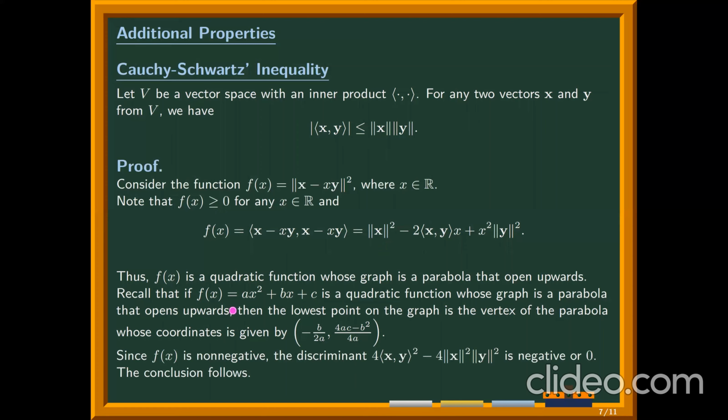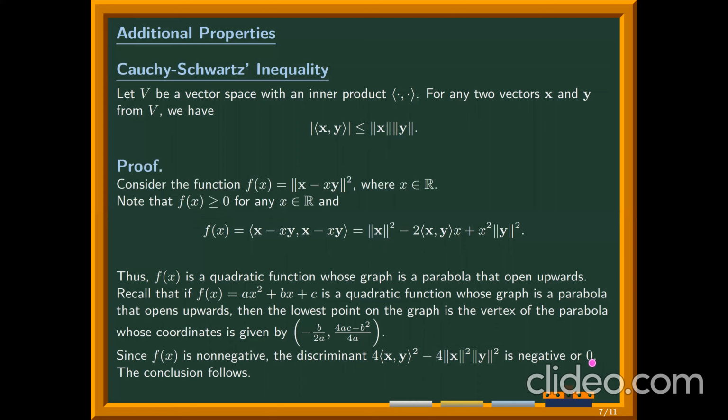Because f is a parabola that opens upwards and is non-negative, the parabola does not cross the x-axis, or it can touch the x-axis at the vertex. That's equivalent to saying that the discriminant of the quadratic function is negative or 0.